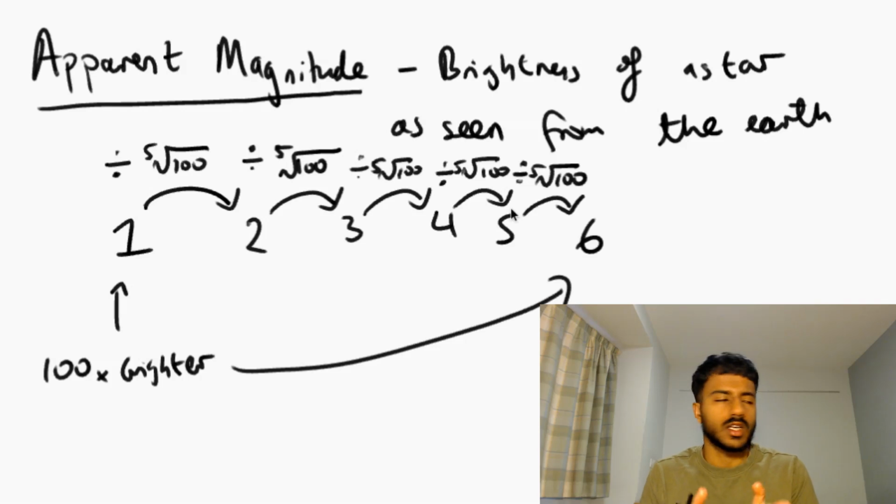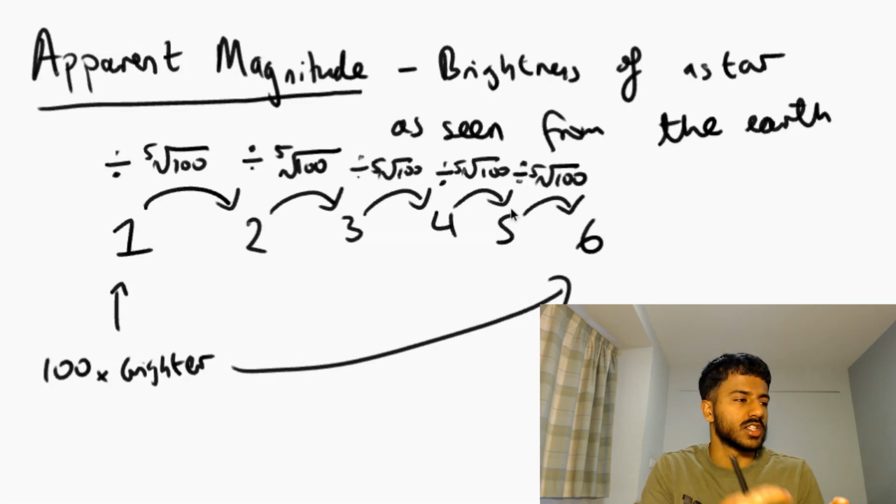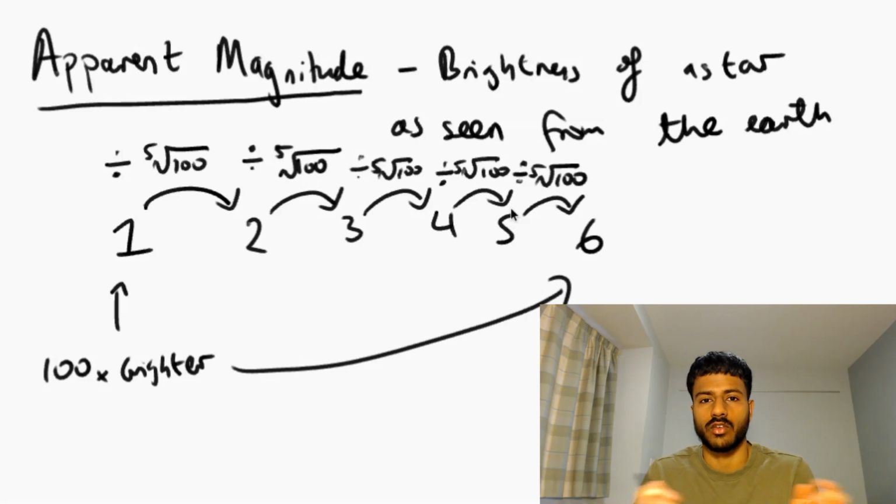And what this means is a star with an apparent magnitude of 2 is 2.51 times dimmer than a star of apparent magnitude 1. And the same goes, a star of apparent magnitude 4 is 2.51 times brighter than a star of apparent magnitude 5, for example.